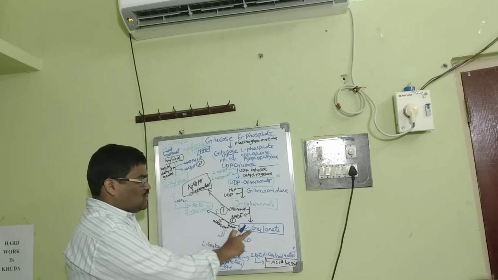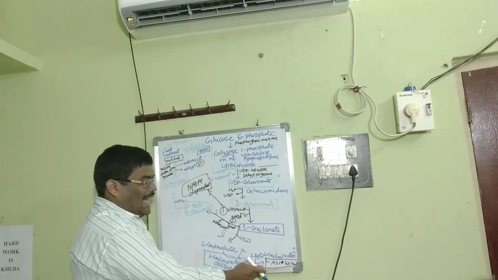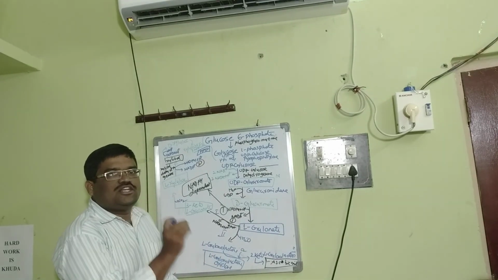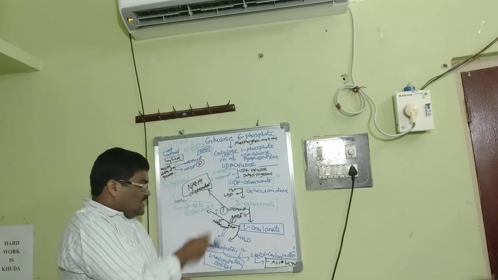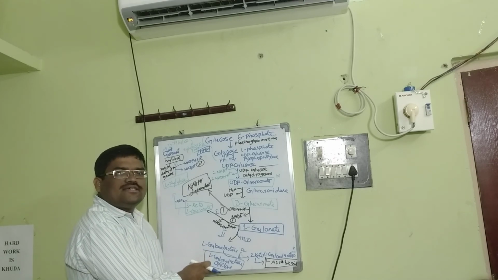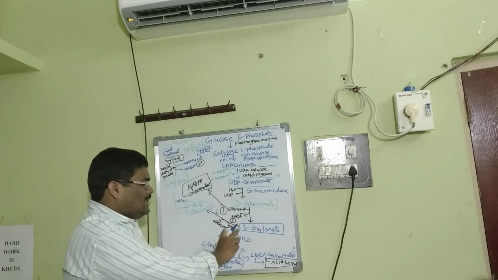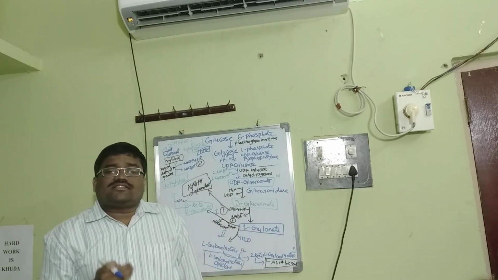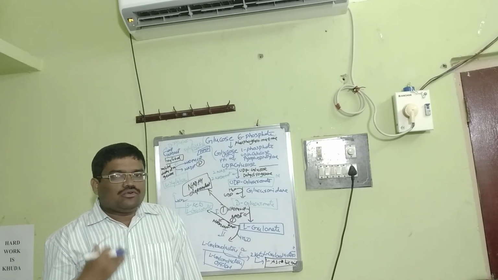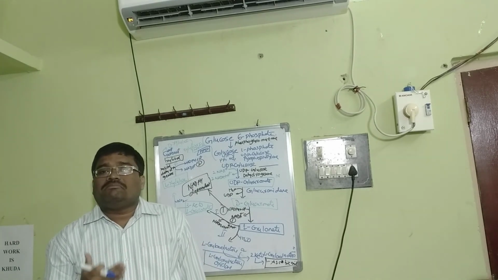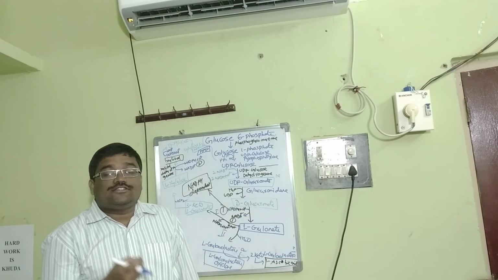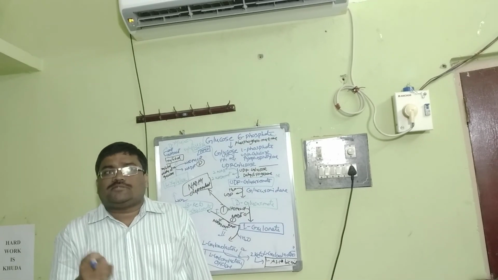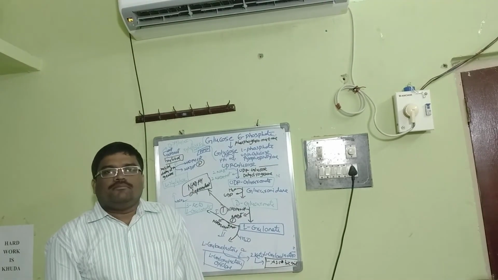That means for the conversion of L-gulonate to L-ascorbic acid, this enzyme is essential, because L-gulonate is a precursor for synthesis of ascorbic acid. Unfortunately, we do not have this enzyme. That is why we have to depend on the diet. That means exogenous supply of ascorbic acid is essential in human beings, and also other primates and even guinea pigs, because we do not have this enzyme.